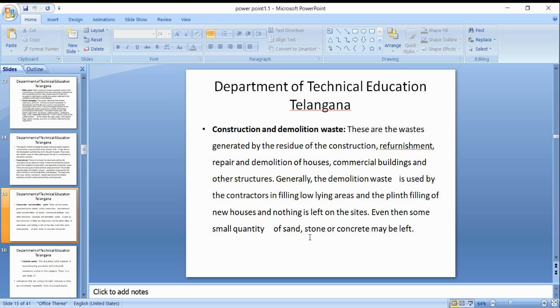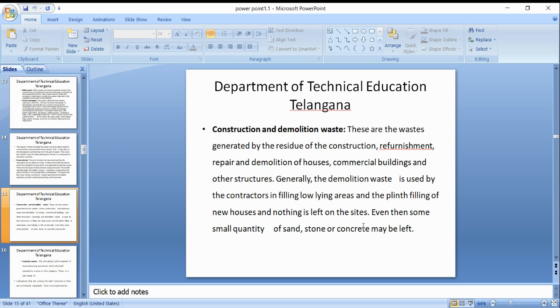Rather than the steel, the concrete should be crushed and used for low-lying areas, for plinth filling. If you are constructing a new house, the demolished materials can be dumped in those low-lying areas, and we can increase the height of the plinth.